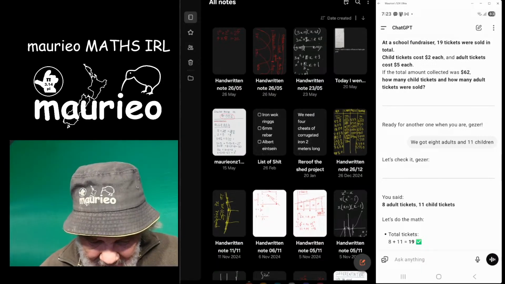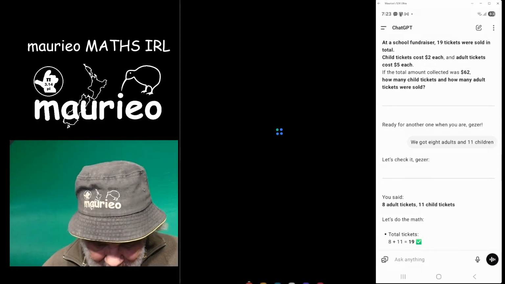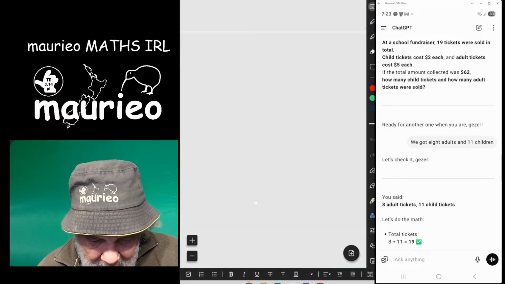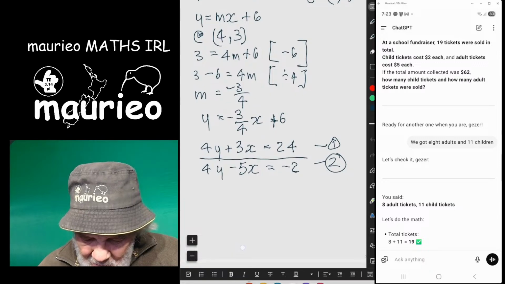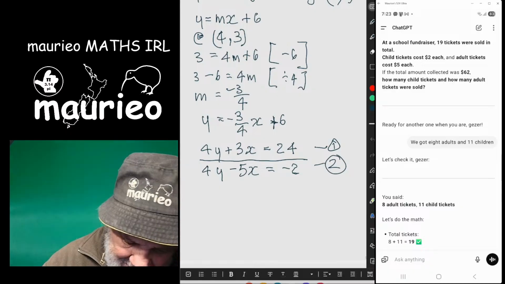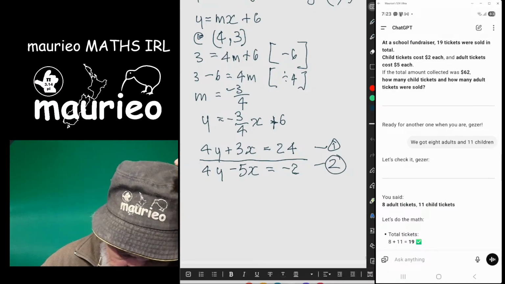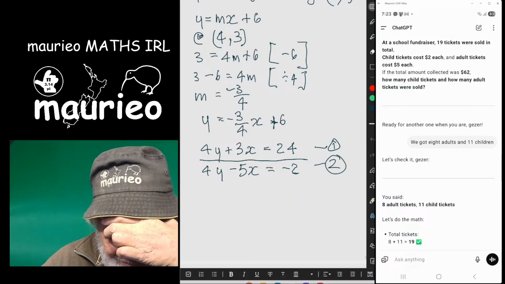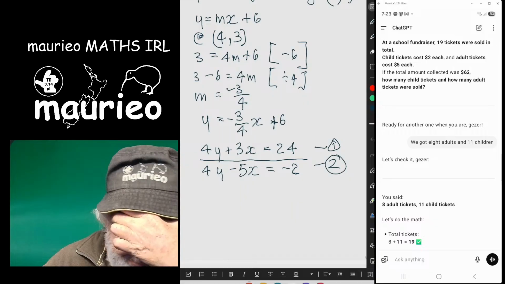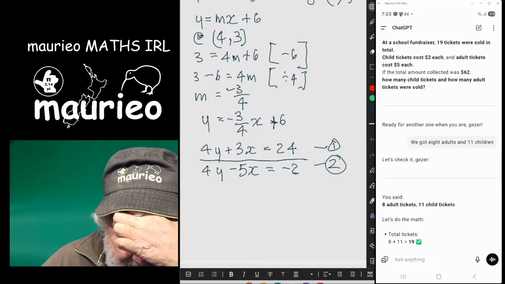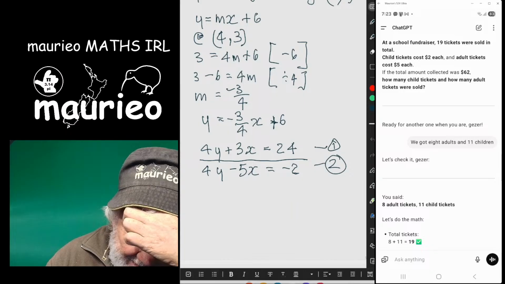So all we have to do is subtract. So that's 8x, minus negative 3x, that makes it 8x.